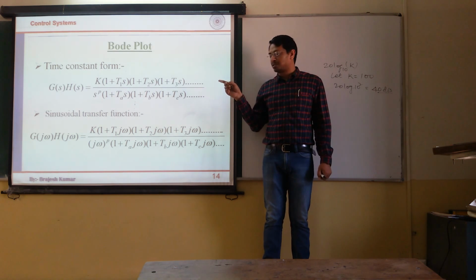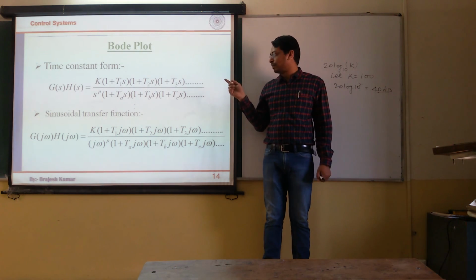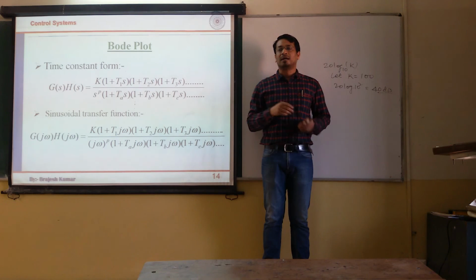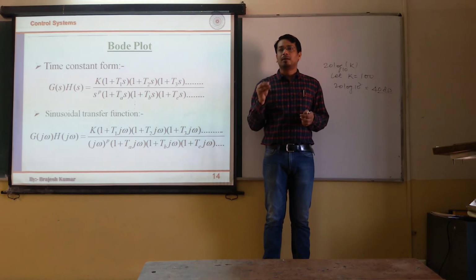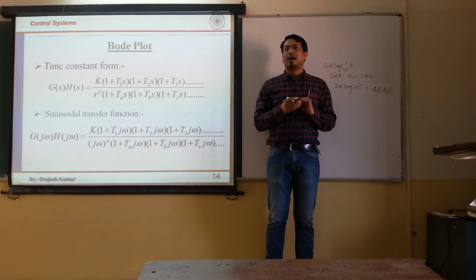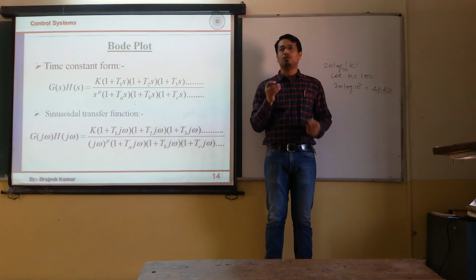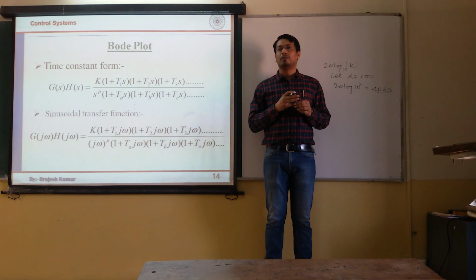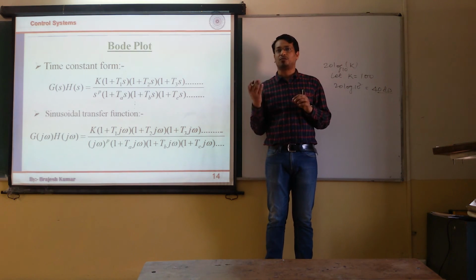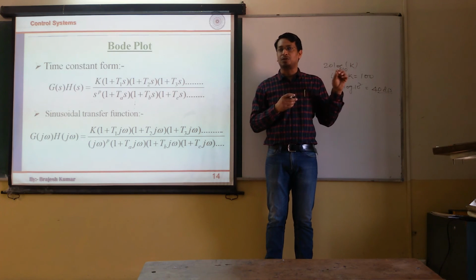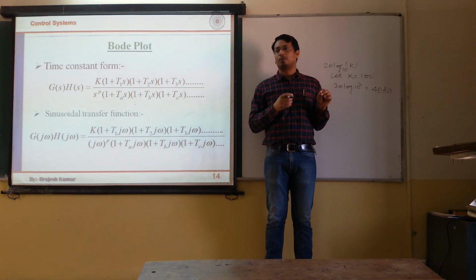And 1 plus TA s, 1 plus TB s will be the contribution of simple poles at a given point. So all these factors are going to contribute to the magnitude and phase of the open loop transfer function.